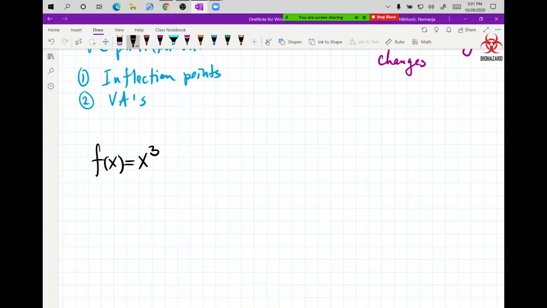And to find the inflection points and so on, we find the first derivative, which is 3x squared. And then we find the second derivative, which is 6x. And that's equal to 0.